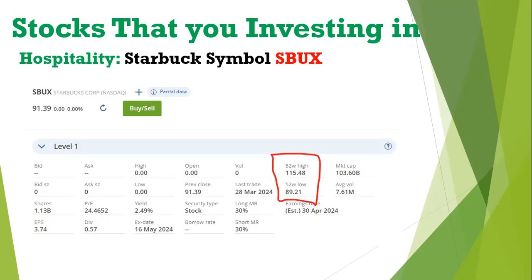When you take the difference, you have the possibility of making 26% per share if you had invested at 89. So these are some few stocks that I'm going to put in my capital gain.